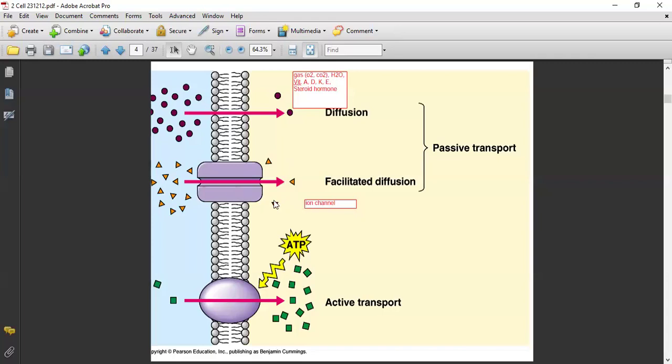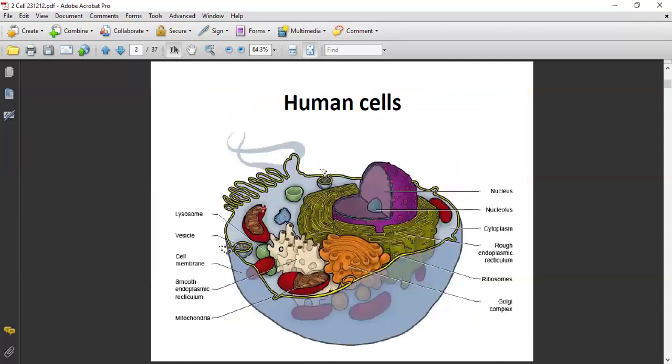With this one, this thing is an ion channel, and this is protein. So when cells produce protein, how does a cell produce protein? Cell produces protein from gene.